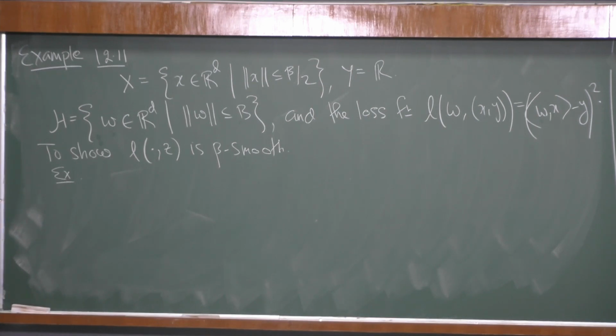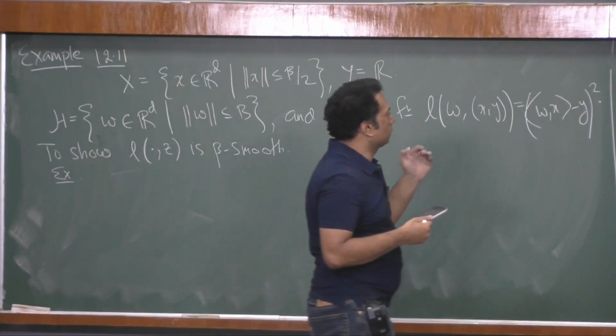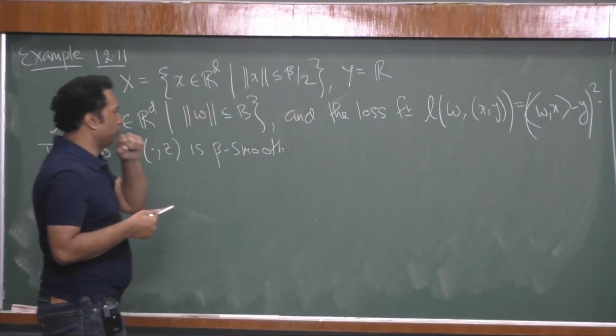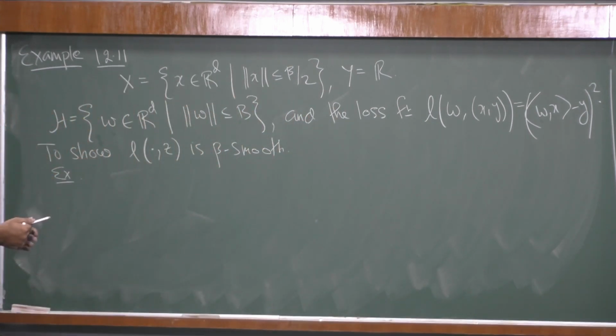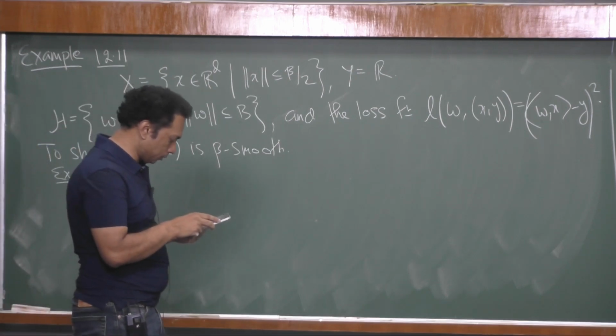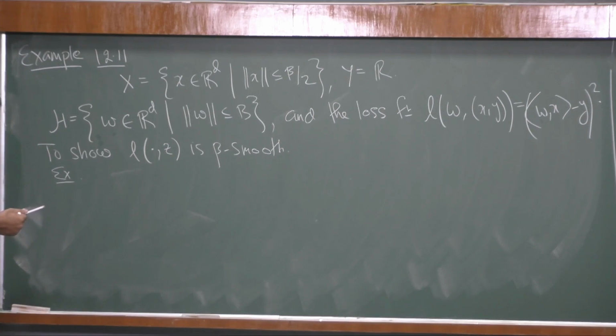So what we have described is two classes, convex-Lipschitz-bounded and then convex-smooth-bounded, and these two classes are learnable in the PAC learning sense. Okay.